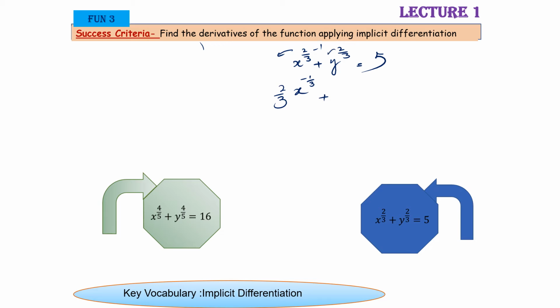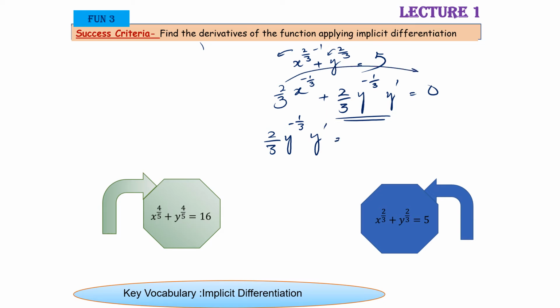Then again the same thing applies on the y to the power 2 by 3, but after solving don't forget to write the y prime. Now keep the y prime on the left hand side as it is. Shift the 2 over 3 x to the power minus 1 over 3 to the other side. You will change the sign, plus changes into minus.